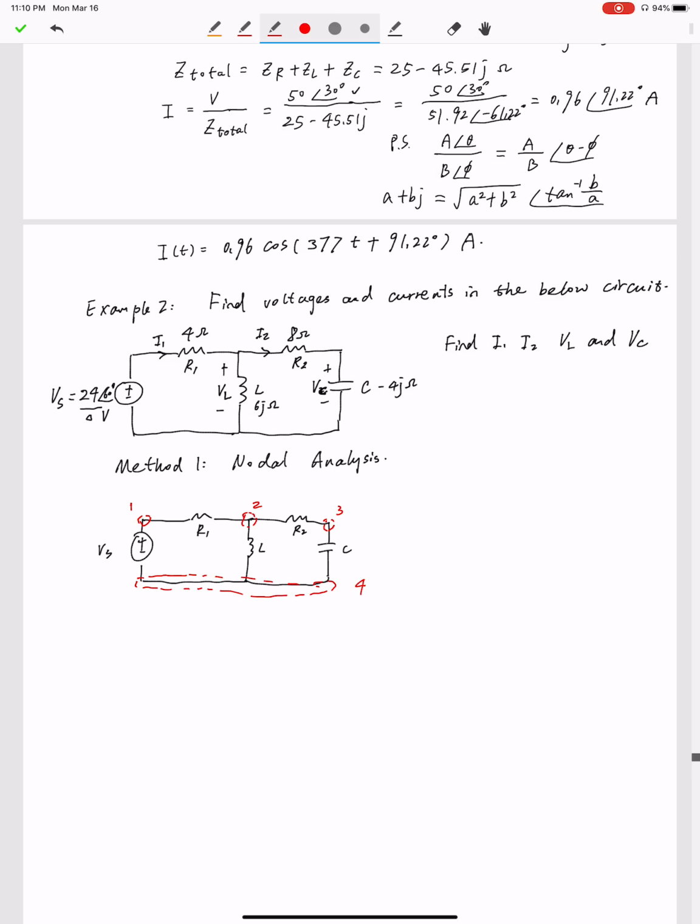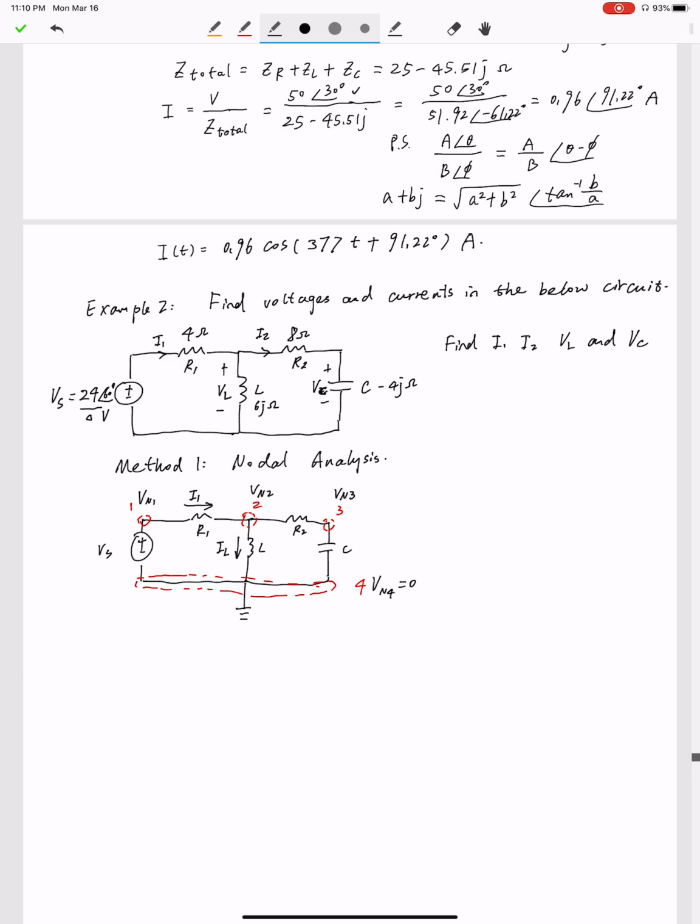As usual, we set the bottom one as the ground node, which means the voltage at node 4 is 0. Vn4 is 0. Then we just need to find the voltages Vn1, Vn2, and Vn3. To find them, we need to apply some currents on the components. Let's assume the current on R1 is flowing this way, and call it I1. The current on the inductor is IL, which is flowing down.